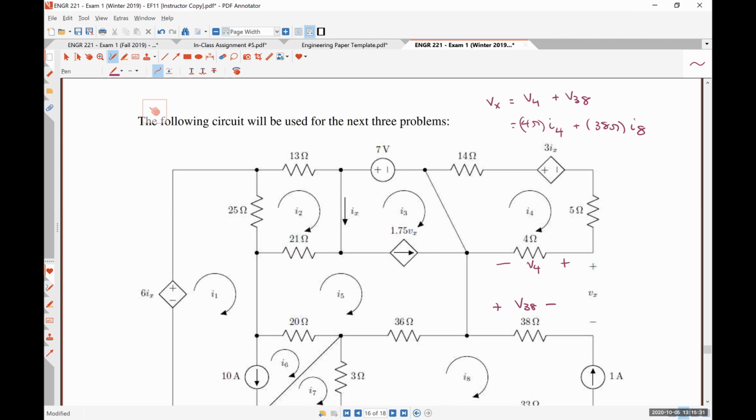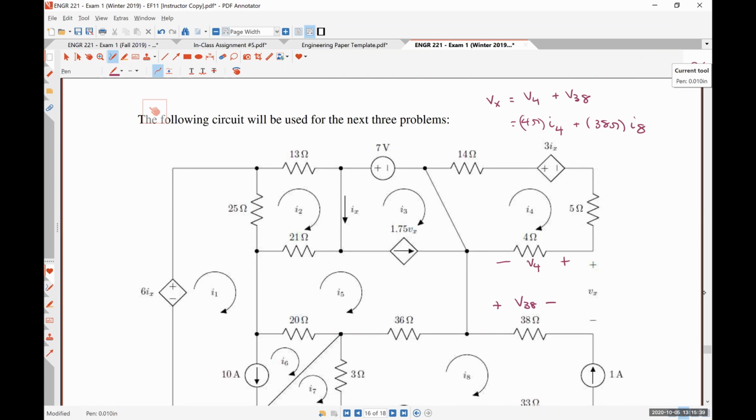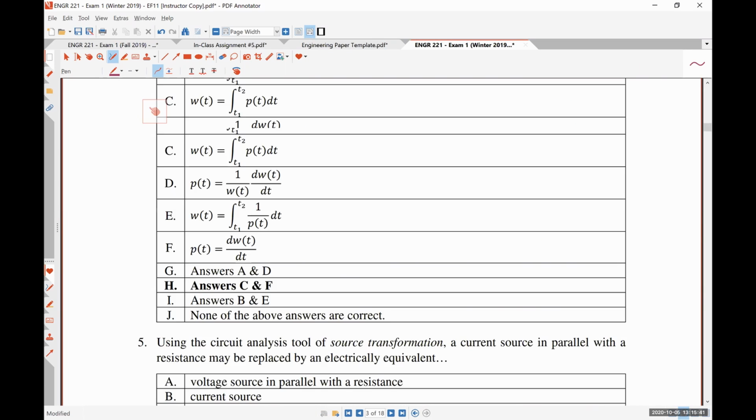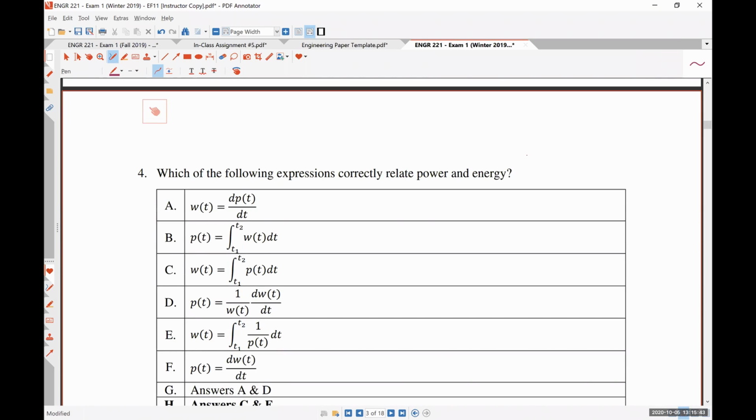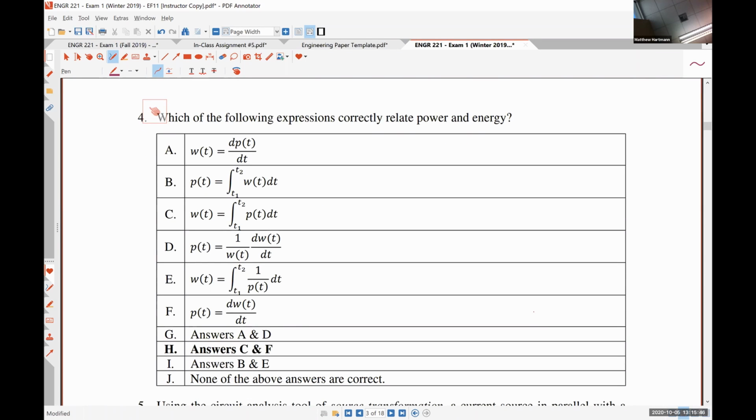On the winter exam, can you look at number 4 and explain what we should be thinking when we're doing a problem like that? Which of the following expressions relate power and energy? If power is the derivative of energy, then that one's right.